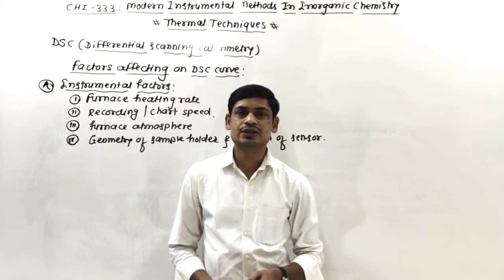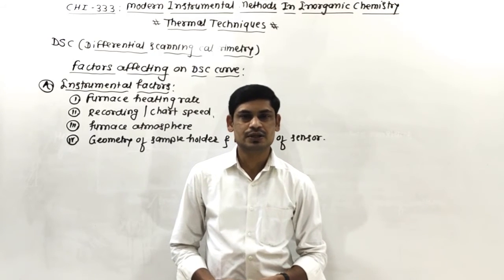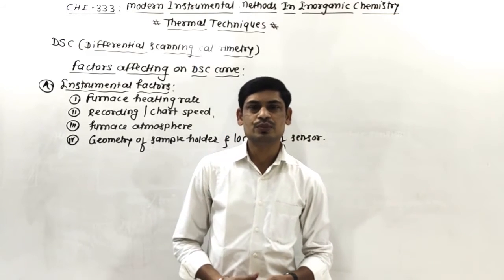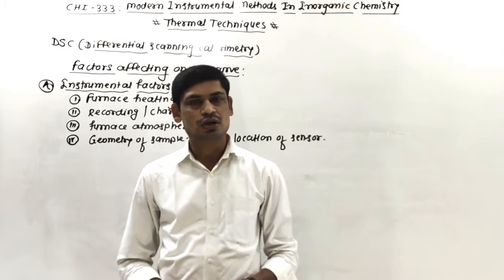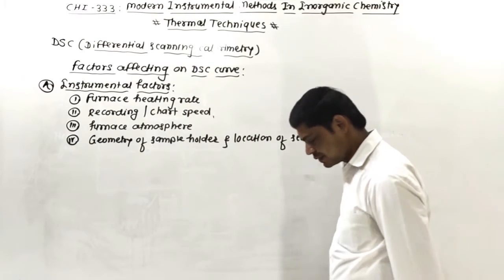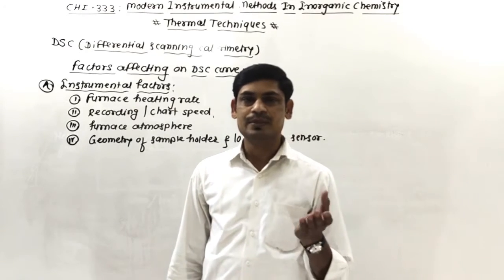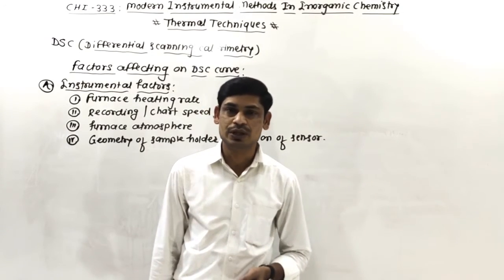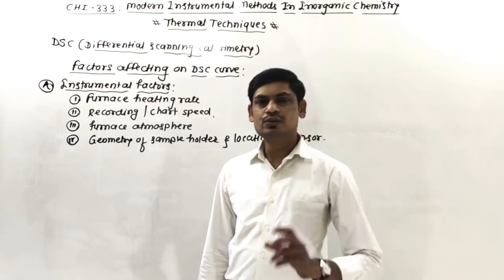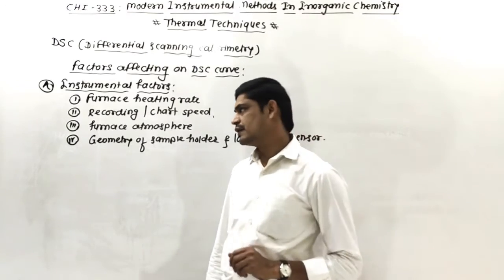If we are going to study the phase transition, the open pan crucible is used. So the geometry of the crucible, meaning the sample holder, also affects the nature of a curve. And secondly, the location of the sensor. Whether the sensor is placed at the bottom of the sample holder, or inside the sample, depending upon that, the accuracy and precision of the DSC curve will be different.